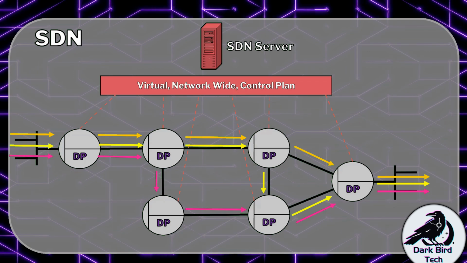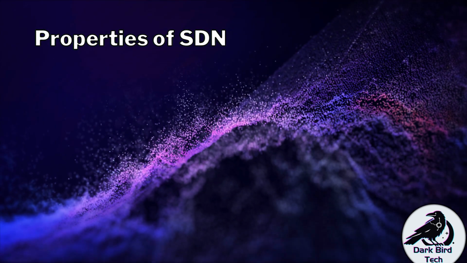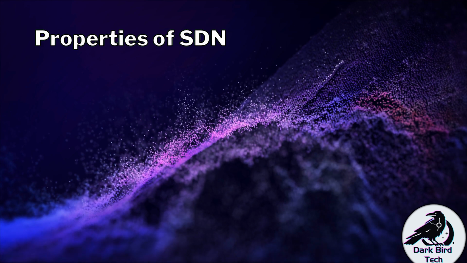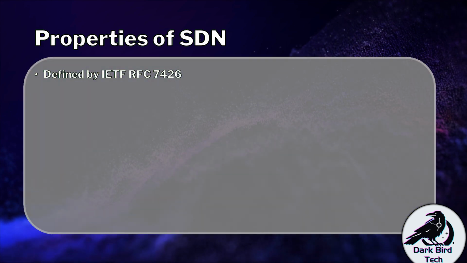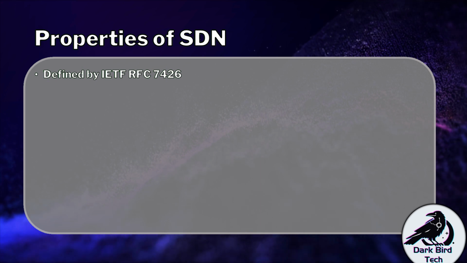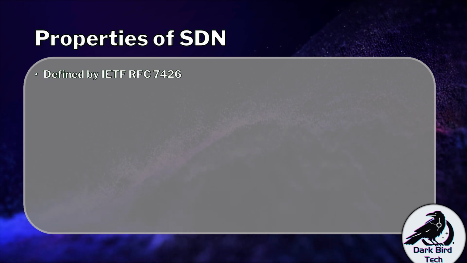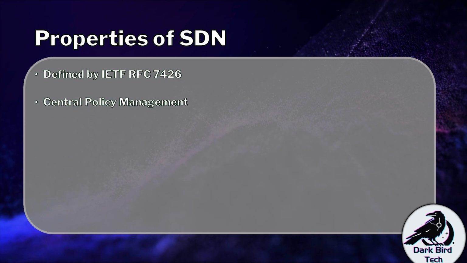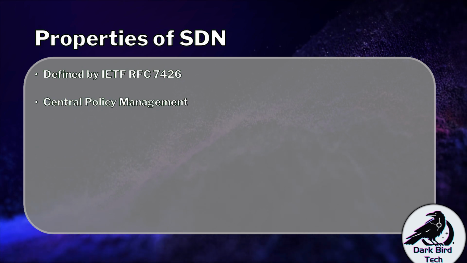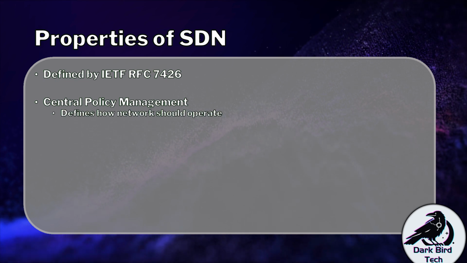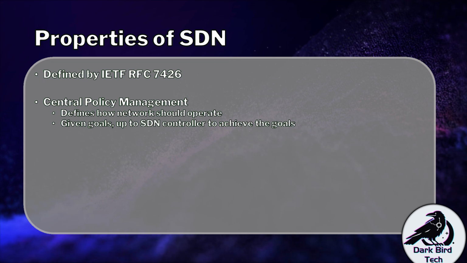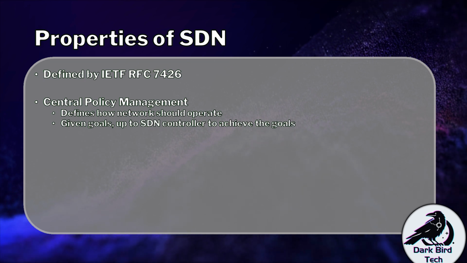Let's look at some of the characteristics and properties of SDN networks. So first of all, software-defined networking is defined by the IETF's RFC document 7426. And it brings along several major advantages. First of all, we can have a central policy management approach to how our network is going to behave. We can define how the network should operate, and we can give the network a set of goals. And what's going to happen is the SDN controller is going to work out how best to achieve those goals.